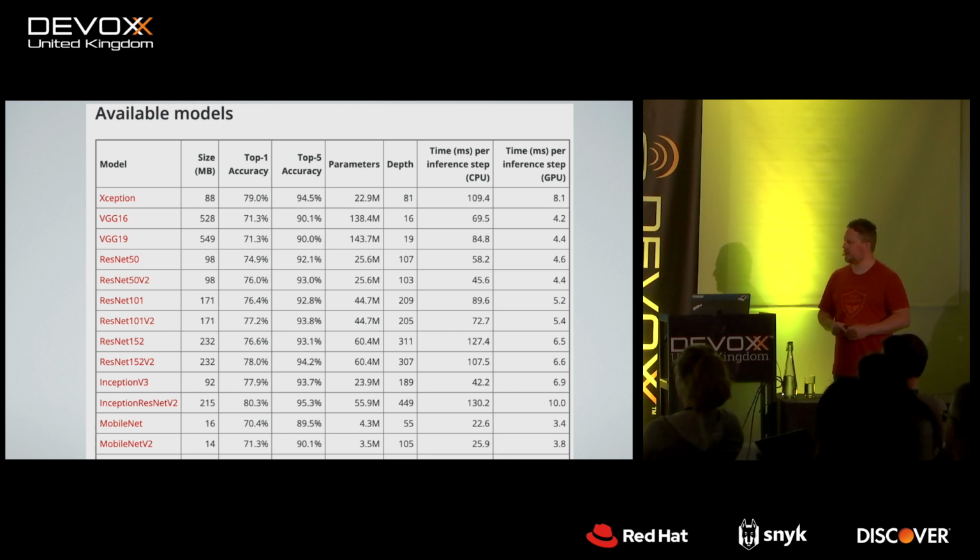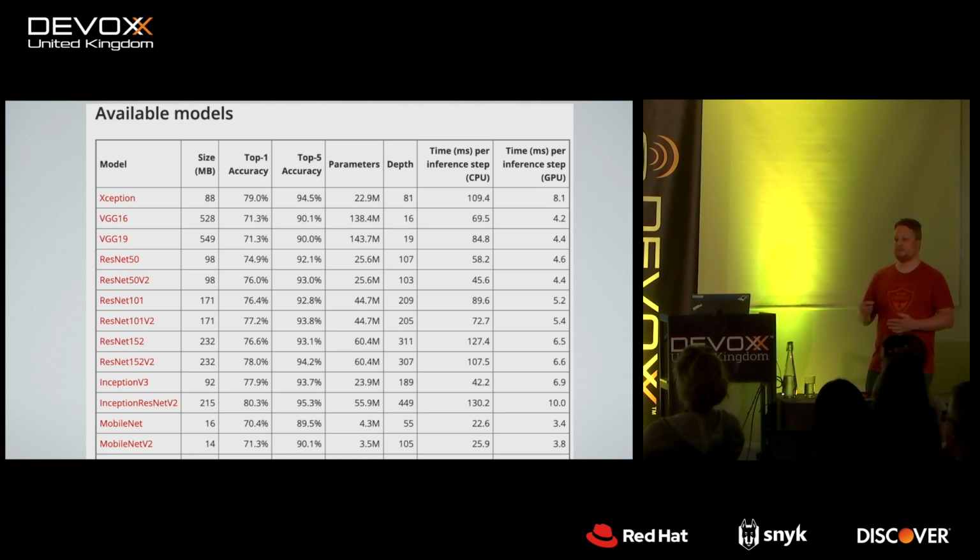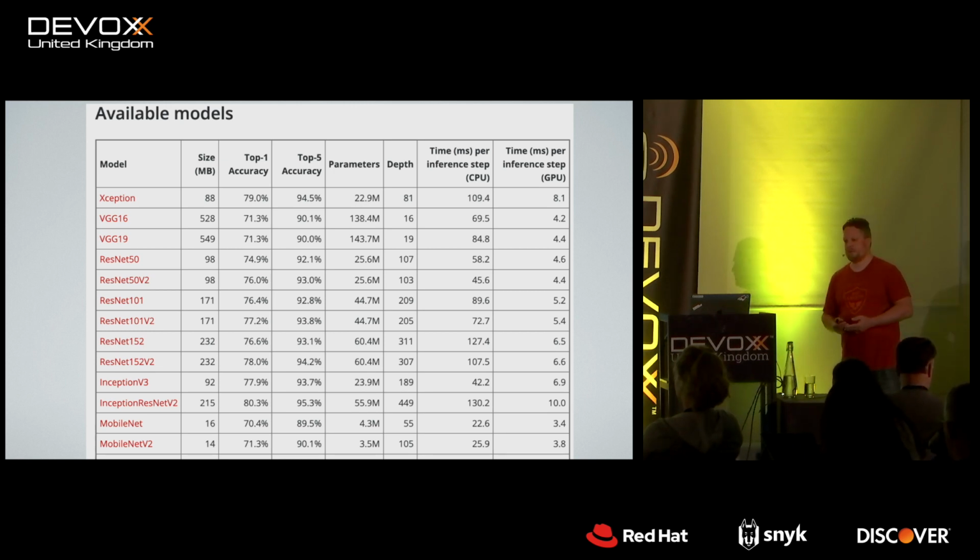This is actually a screenshot of the Keras page, which has listed all kinds of models and how accurate the models were against a dataset of 1,000 images, all classified, and then see how the model did. And I wanted to run this on a lightweight machine. So I wanted to have a fast model and also a model that is fast to train because, well, I don't like to wait.